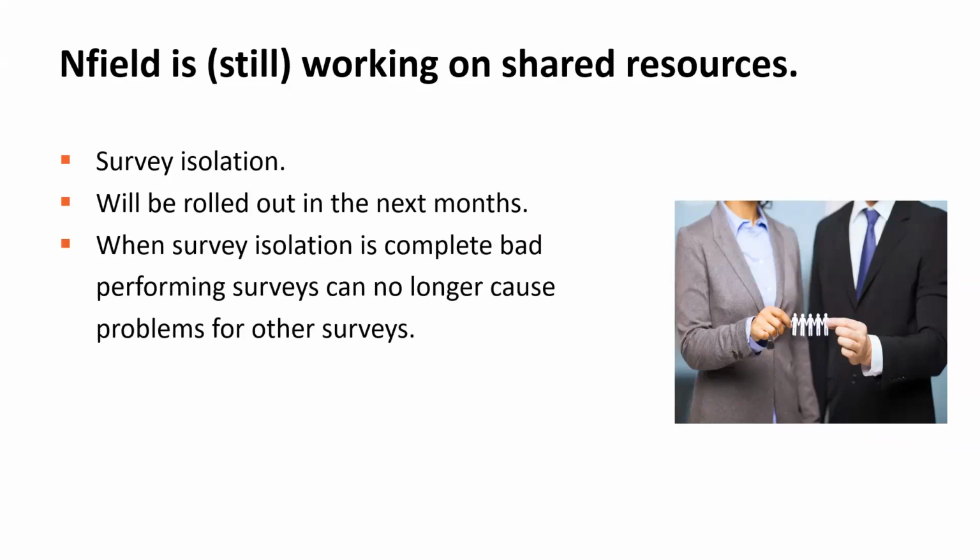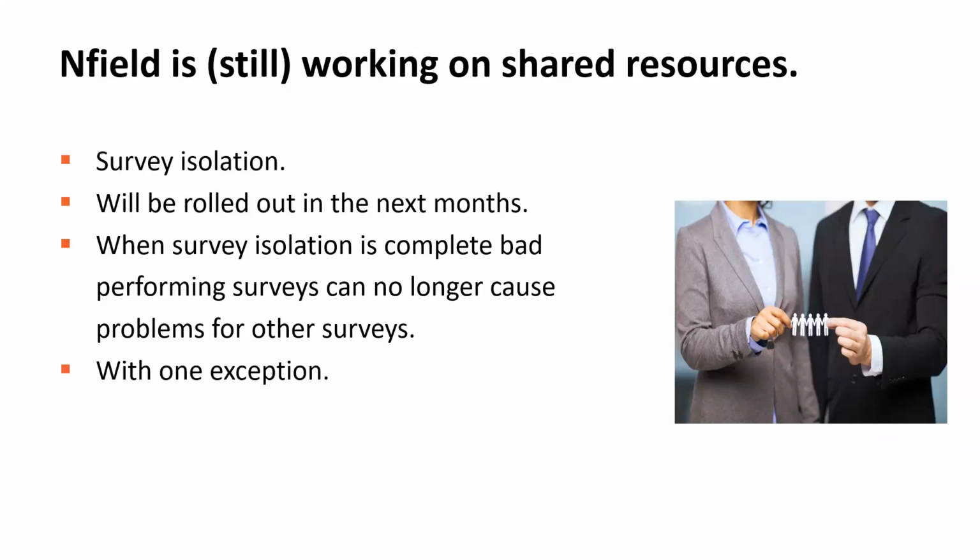When survey isolation is complete, as I said, badly performing surveys can no longer cause problems for other surveys. There is one exception to this. We will talk about that when we take a look at the different metrics that we are monitoring, because one of those metrics is actually still using a shared resource.